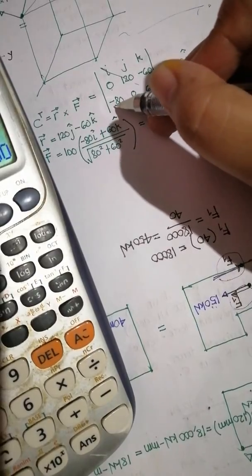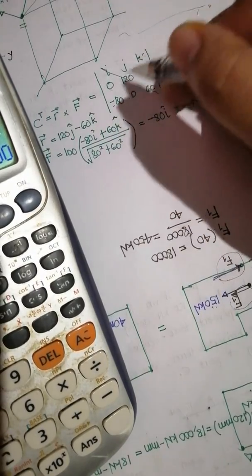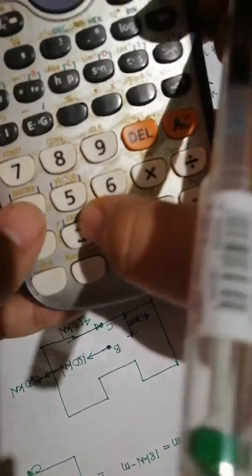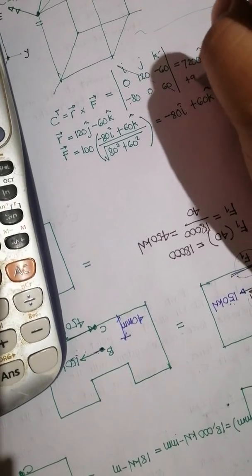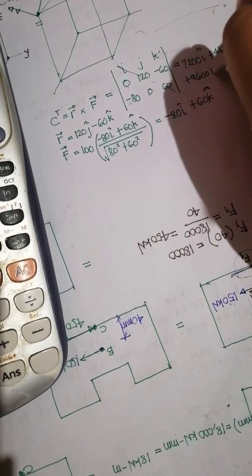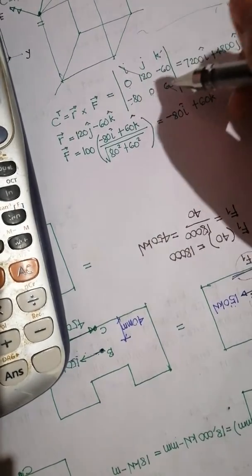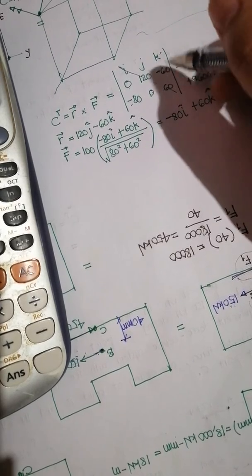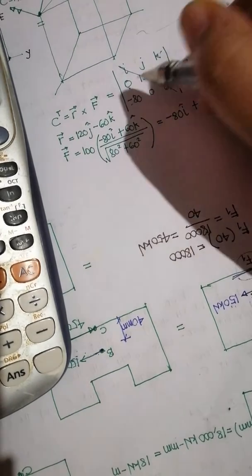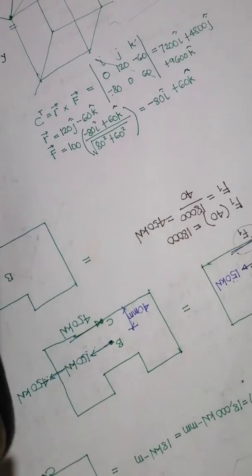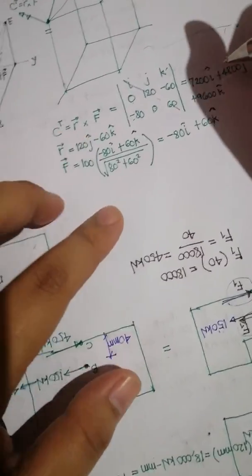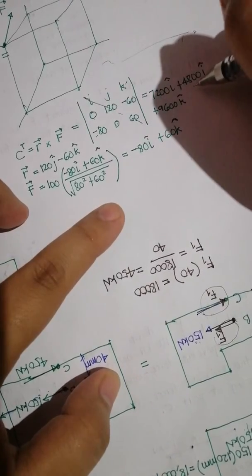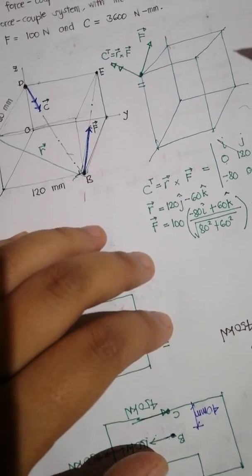For k hat, we have negative 80 times 120 times negative 1, so that's 120 times 80, which is 9,600 k hat. Then 0 times 60 times i is 0, and 60 times 0 times j is also equal to 0.